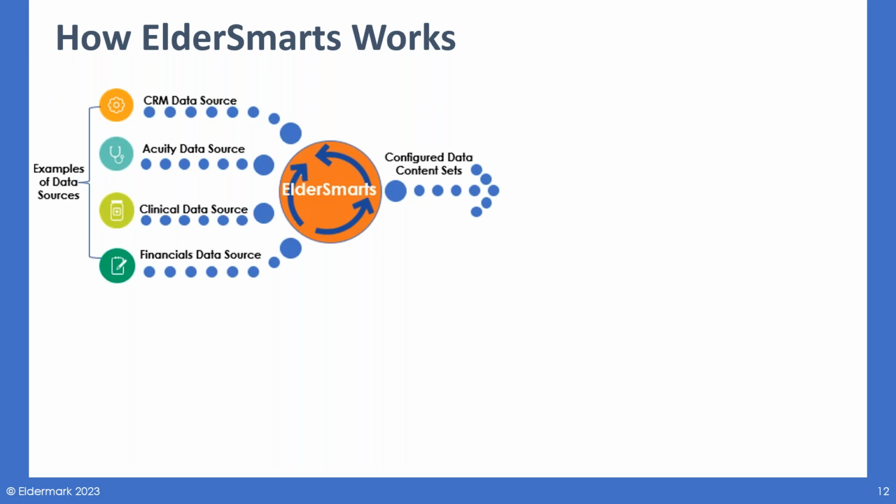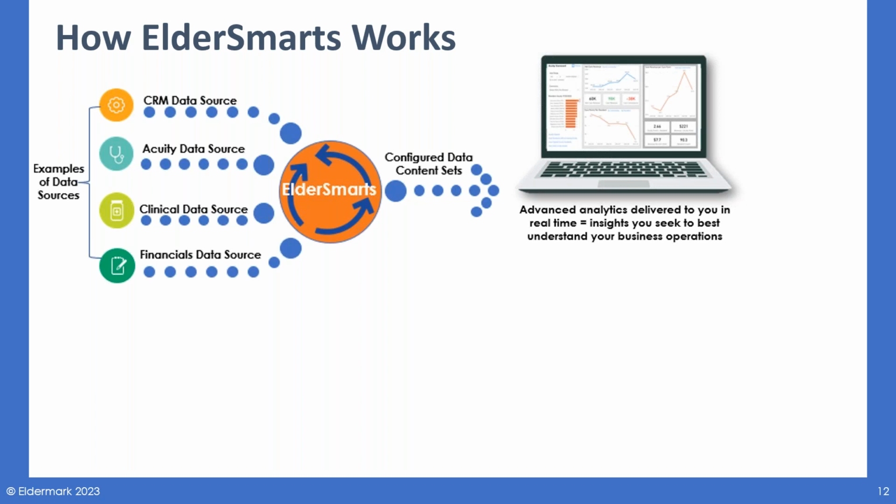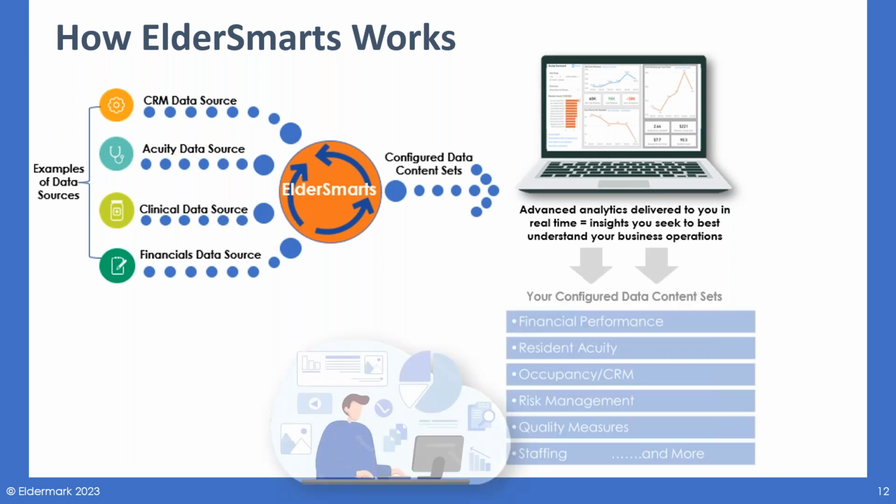And so we take those data sources, and within ElderSmarts, they are combined and configured in ways that make sense based on what the customer wants to measure. And those configured data content sets, we call them, are then pushed to you for your review. Insights delivered to you to help you best understand what's going on within your operations.